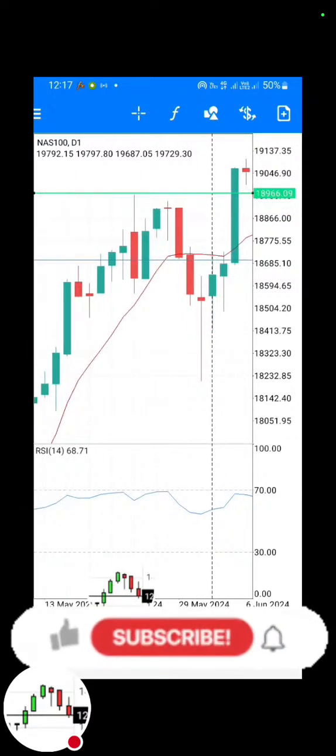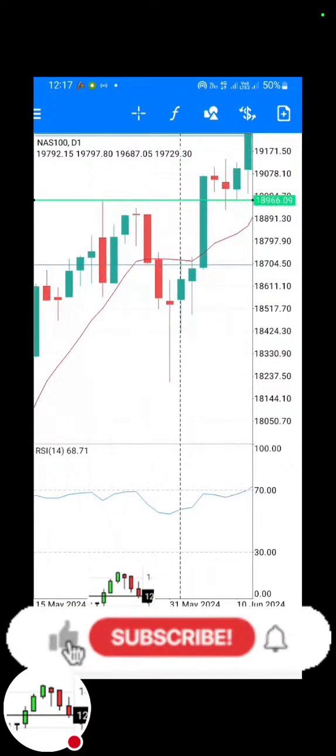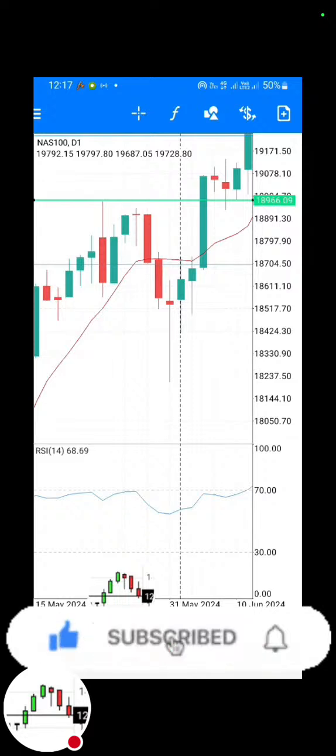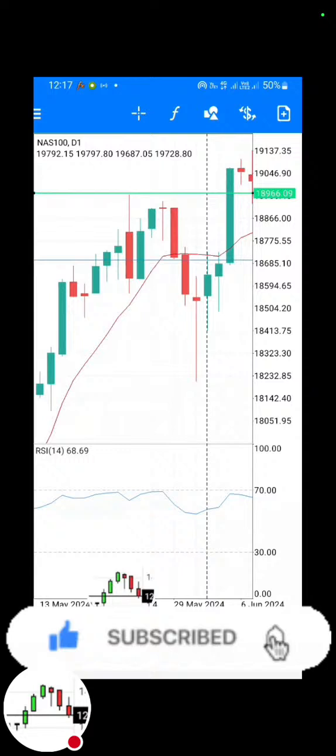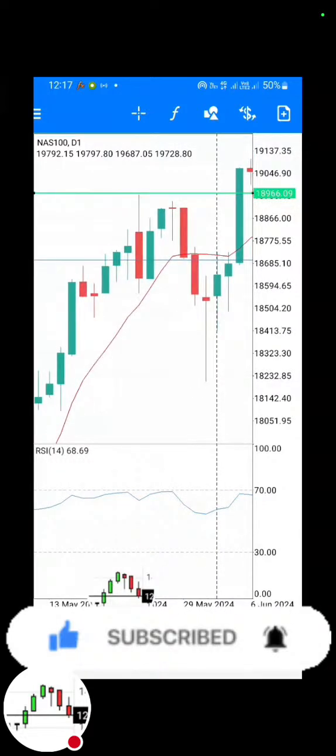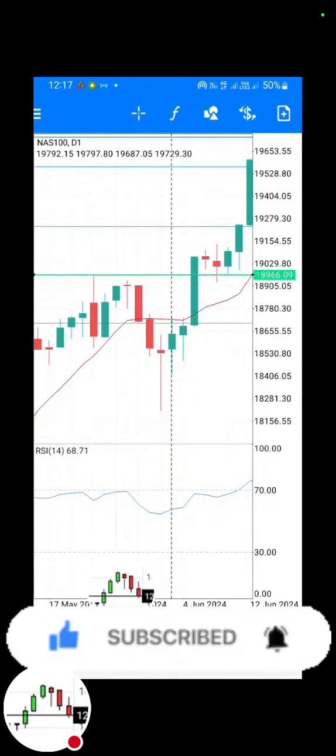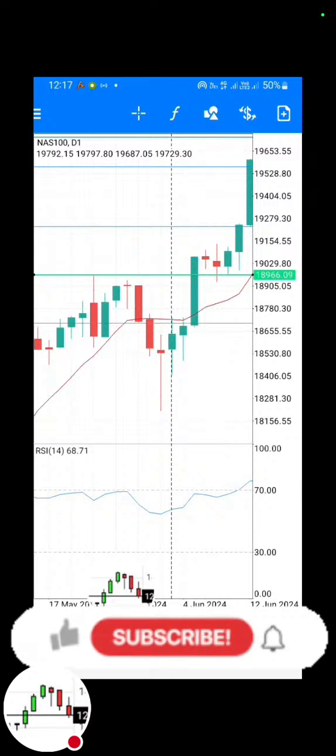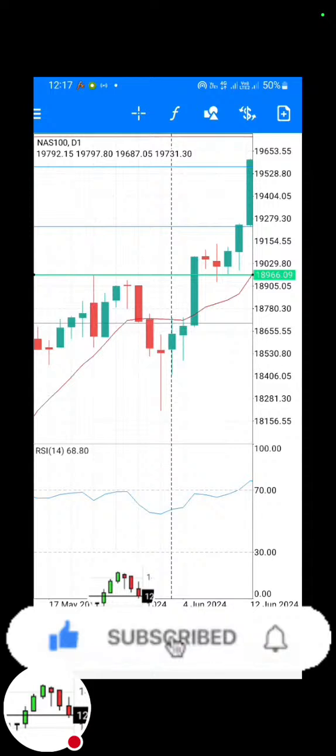Then we have a red candlestick, which means this is an uptrend. The market is telling me that this is an uptrend. We have another doji candlestick. So this is a continuation candlestick. I did my analysis. Then I see that this is a very continuation market.